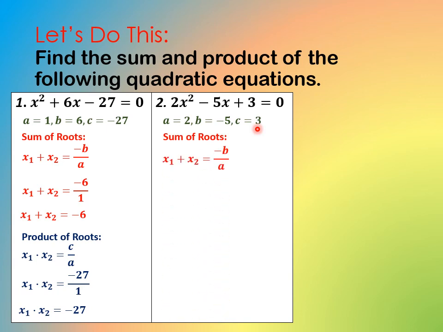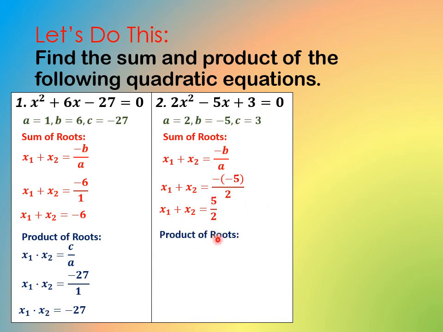For the sum of roots, again, we just substitute in negative B over A. B is negative 5, so we have negative times negative 5 over A, which is 2. Negative times negative 5 is equal to positive 5 over 2, or the sum of roots of 2x squared minus 5x plus 3 is equal to 0 is 5 halves.